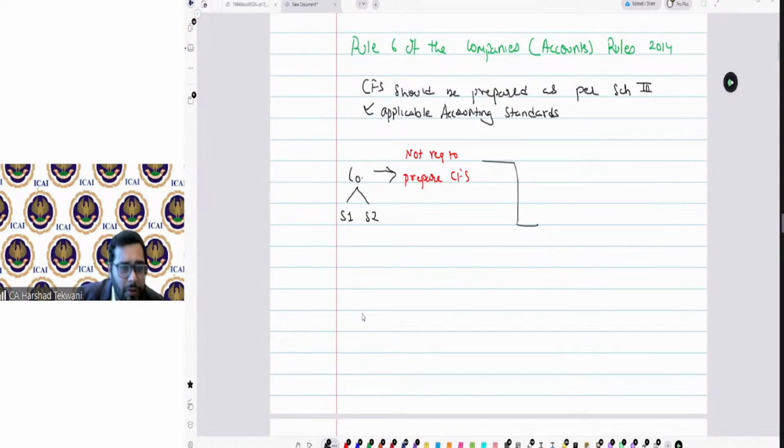I'll summarize here also. All members intimated and not objected, like they are not objecting. Second, that securities are not listed.